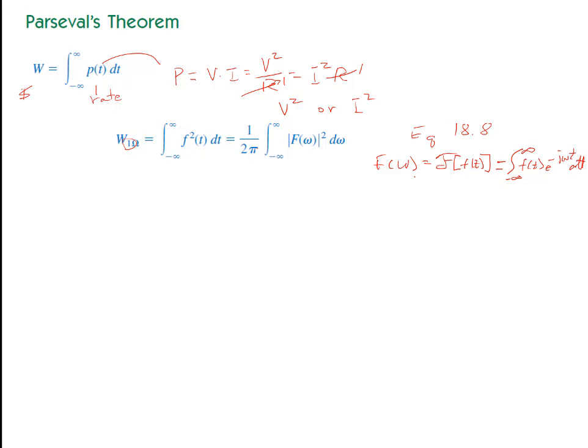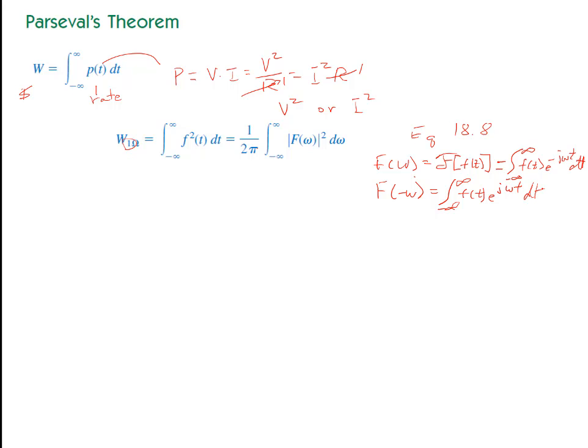Okay? And if I want to know over all time, I want to know for negative omega, then it becomes a minus omega. So F of minus omega, I can speed this up, I just plug in minus omega, so that's going to be the integral from minus infinity to infinity of f of t e to the j omega t dt.